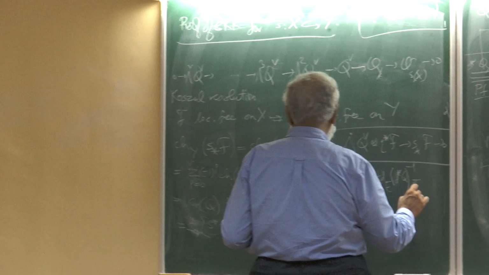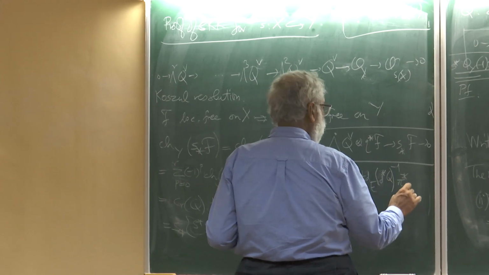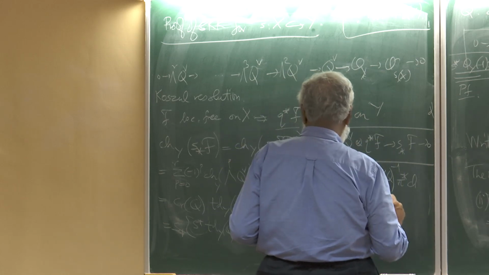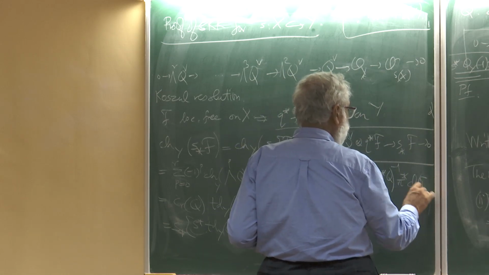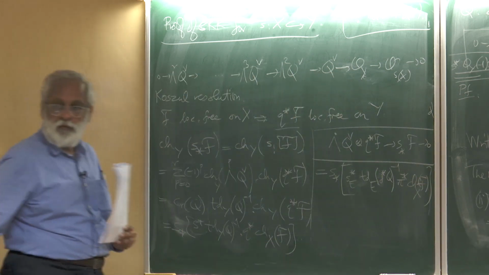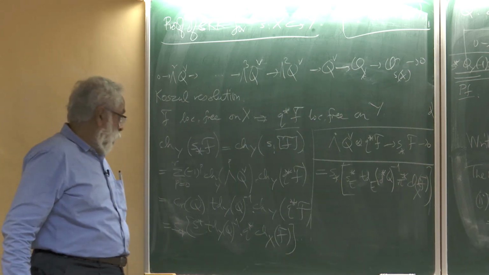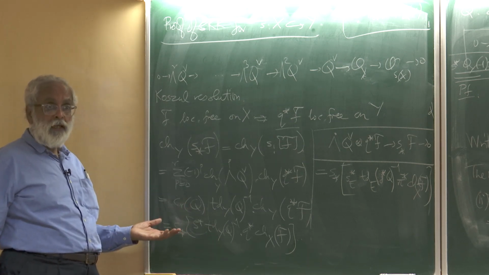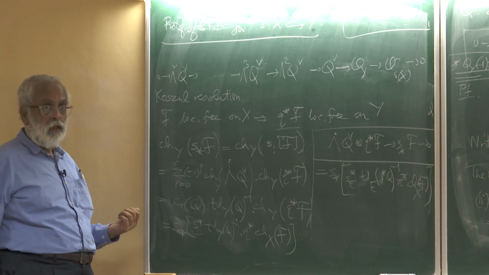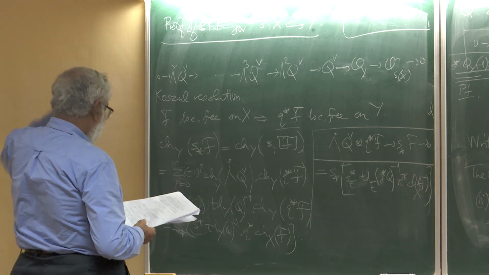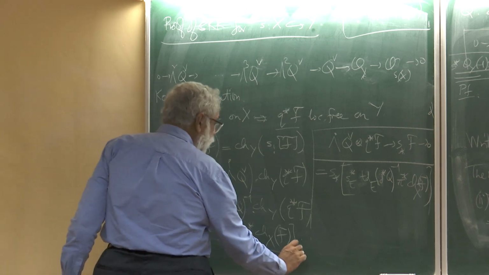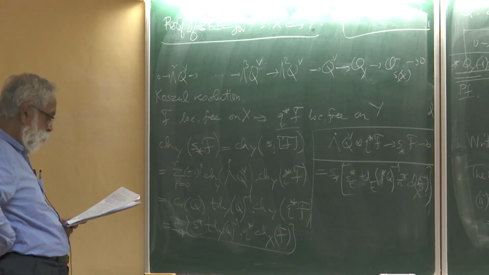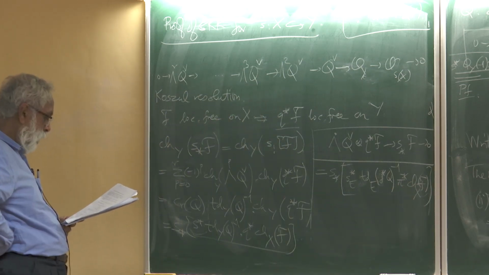And then restricting to the open set everywhere allows me to replace the compact Y by the open E. I'll be left with something like this. The thing is, what is S upper star? It's first restricting to the open set and then taking S_E upper star. But somehow what I'm saying is that this expression here is the same as this. I've just written that as though it's obvious.